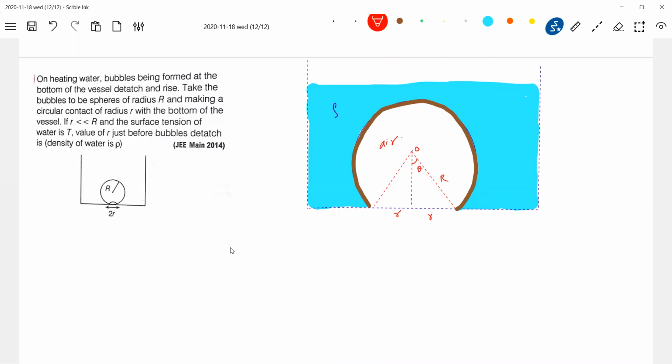Now tell me, how will the force due to surface tension act on the bubble? Here it should act in this direction, F dash, I'll call it. This is 90 minus theta, and this is theta. Your question is why we are taking the force due to surface tension here. Not only at 2 points, so how will it act?